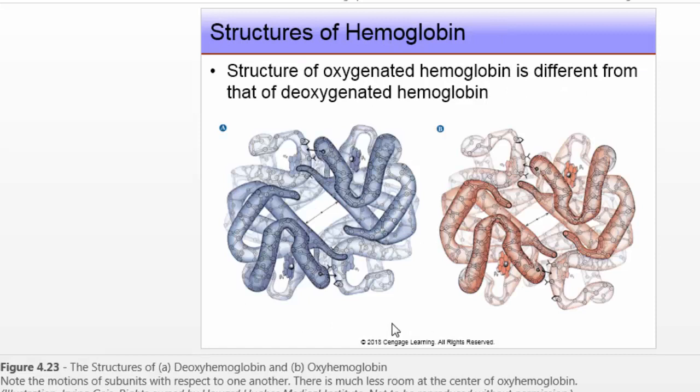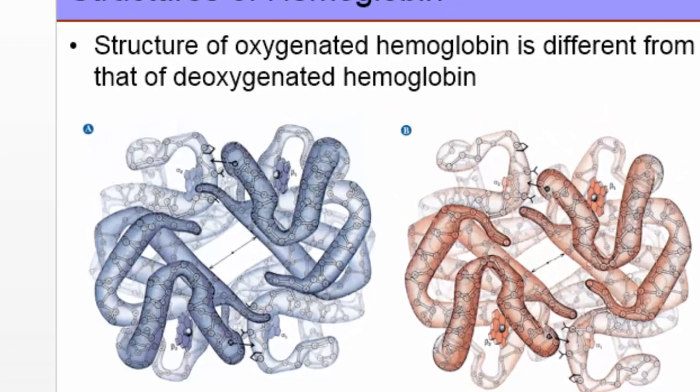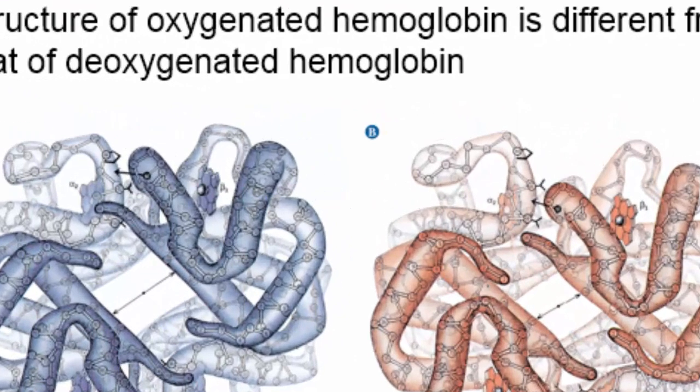Now let's look at this figure which shows us the structures of the oxyhemoglobin and deoxyhemoglobin. Note the motions of subunits with respect to one another. There is much less room here at the center of oxyhemoglobin than in the deoxygenated hemoglobin.